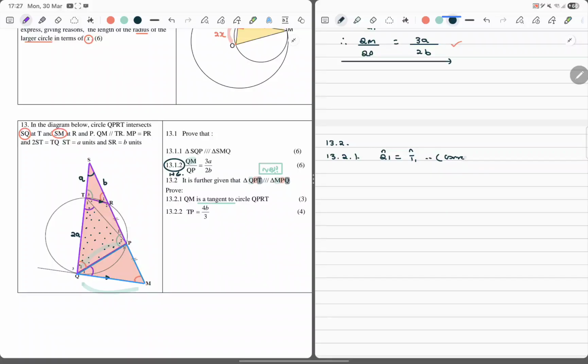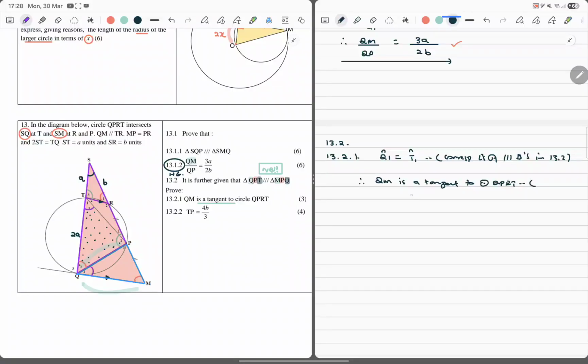Now these are the corresponding angles of similar triangles in 13.2 that was given. So we can say therefore QM is a tangent to circle QPRT.